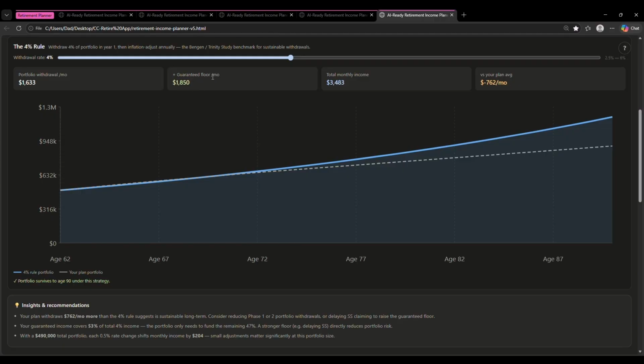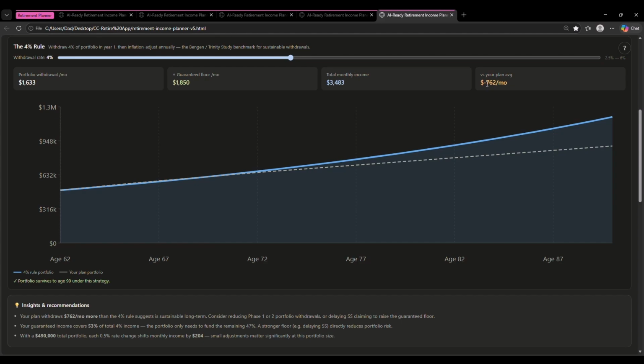Now the guaranteed floor is from the Social Security. That's guaranteed no matter what happens to the market, so that's called our floor. And then our total monthly income in this scenario is $3,483, and it says versus your plan average minus 762.